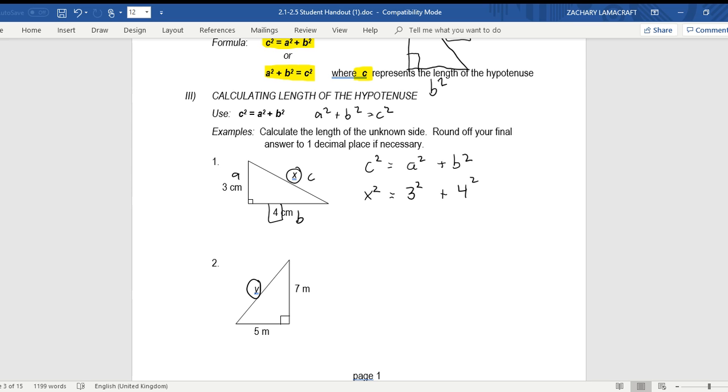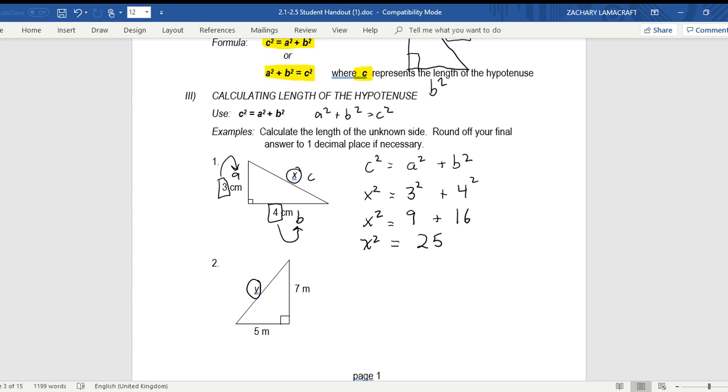You see how we just took these numbers right here and we put them into these spots in the formula. Now we would have x squared equals 3 squared is 9 and 4 squared is 16. So x squared would be equal to 25.